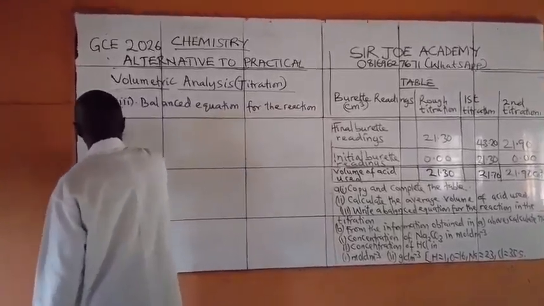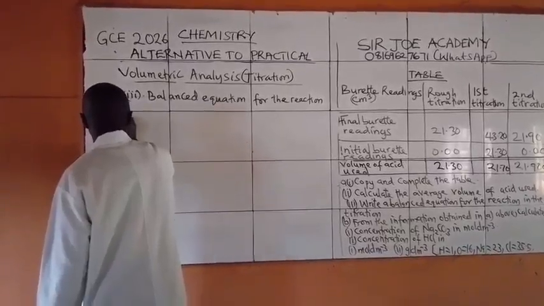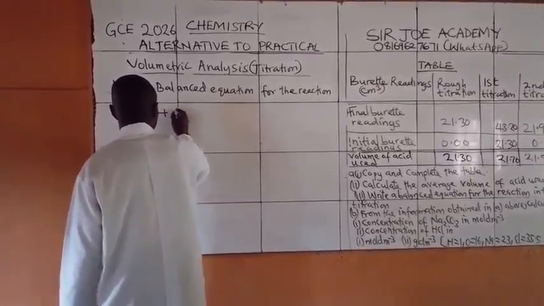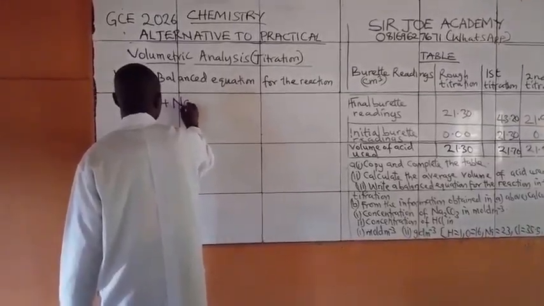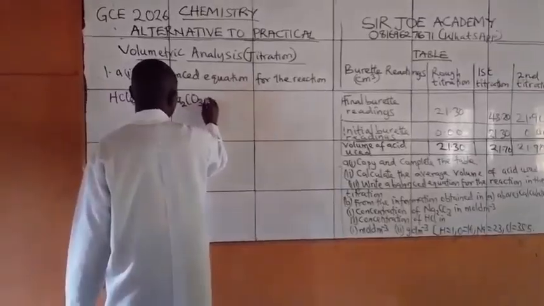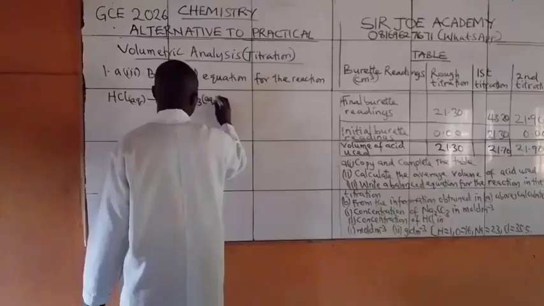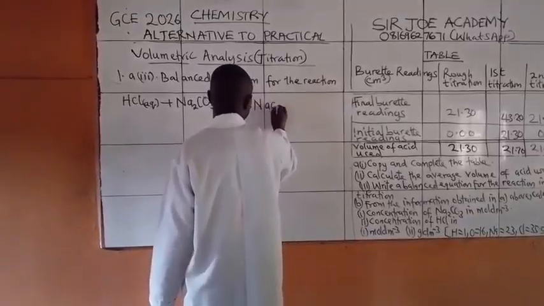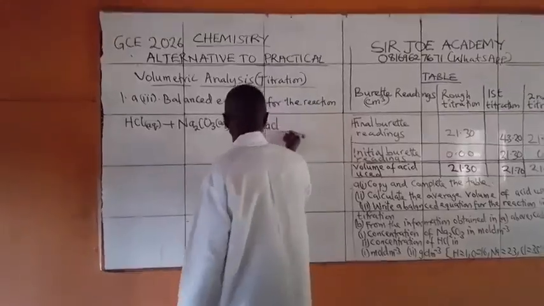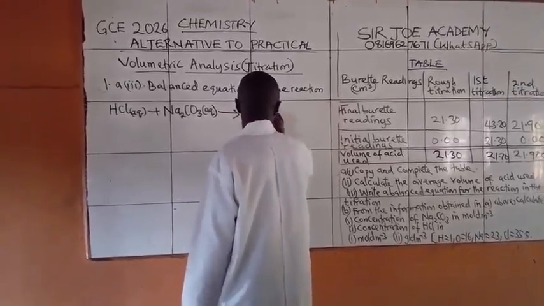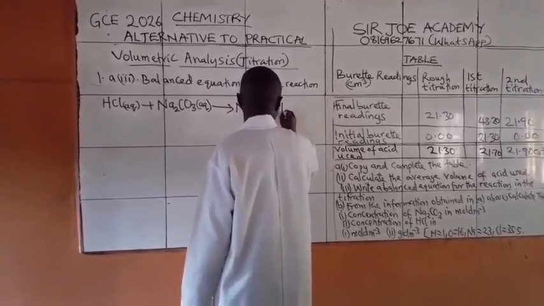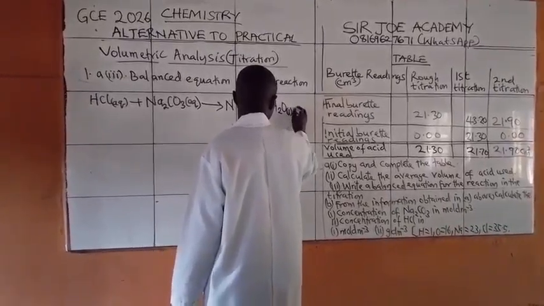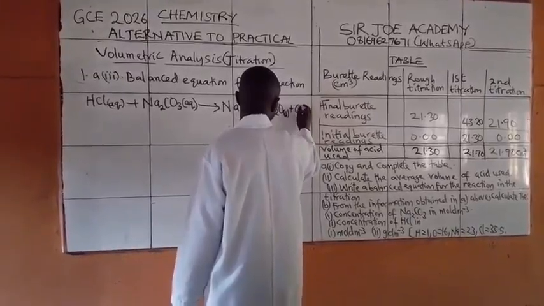Now, the acid is hydrochloric acid. The formula is HCl, aqueous, reacting with sodium trioxocarbonate(IV), Na2CO3, aqueous, to produce the salt, and the salt is sodium chloride, NaCl, aqueous, plus water, H2O, liquid, plus carbon(IV) oxide.